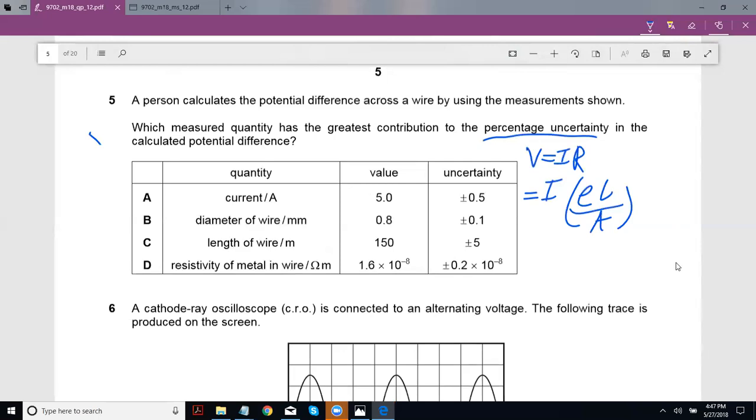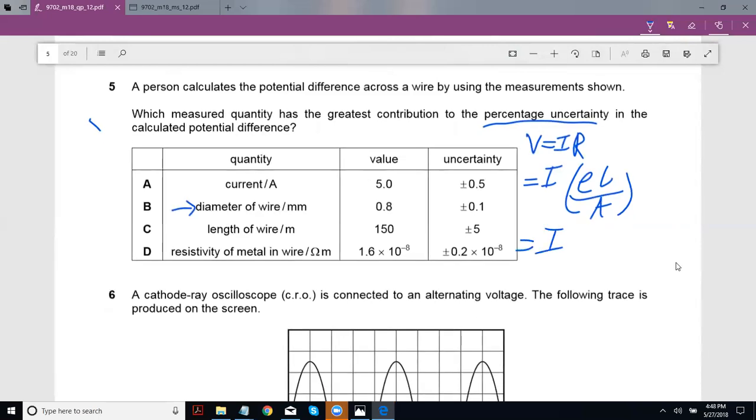But I don't think we even have area here, so let's express that in terms of diameter. It's basically pi d square over 4, if you assume that it has a circular cross section, which most wires do. So the area would be pi d square over 4.